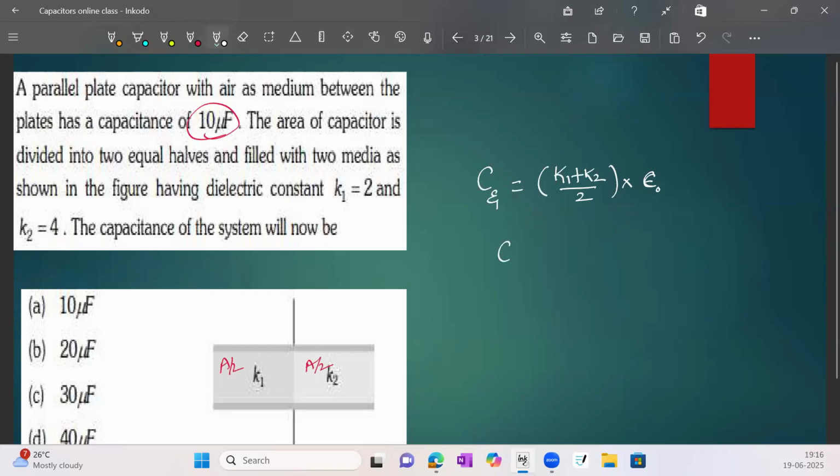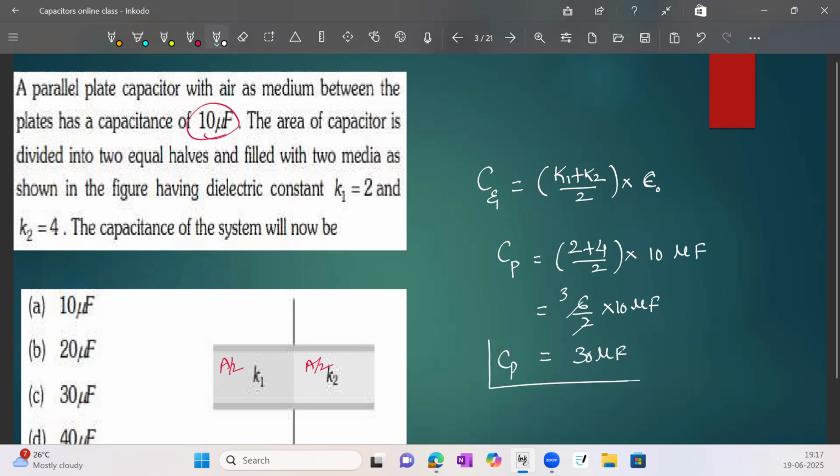So Cp equals, K1 is given as 2 and K2 as 4, so 2 plus 4 by 2 into 10 microfarad. This becomes 6 by 2 into 10 microfarad, so the answer is 3 times 10, which is 30 microfarad, the correct answer for this problem.